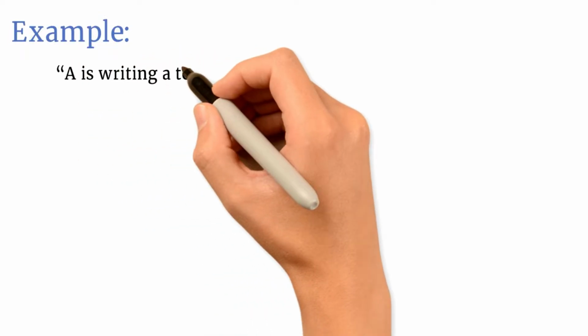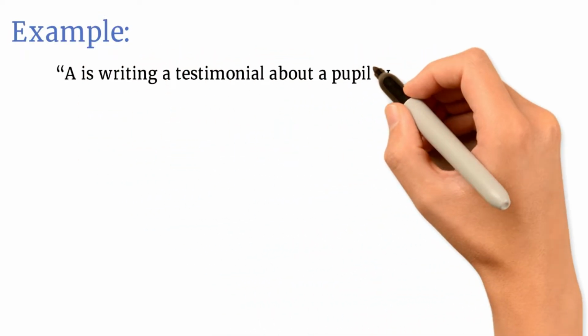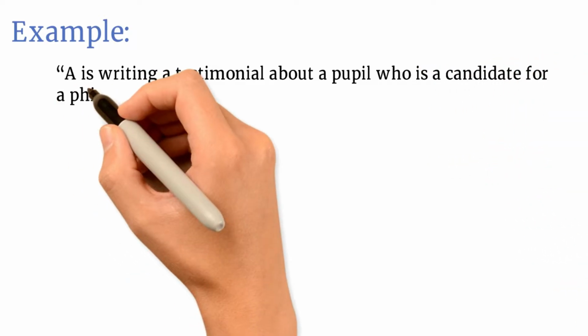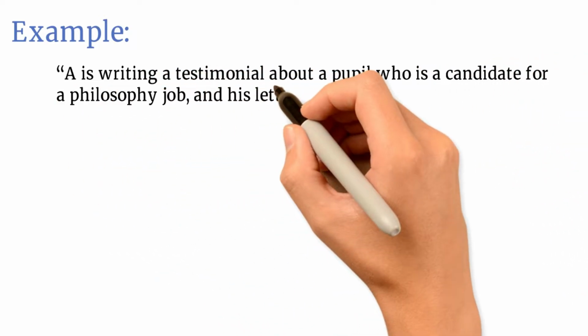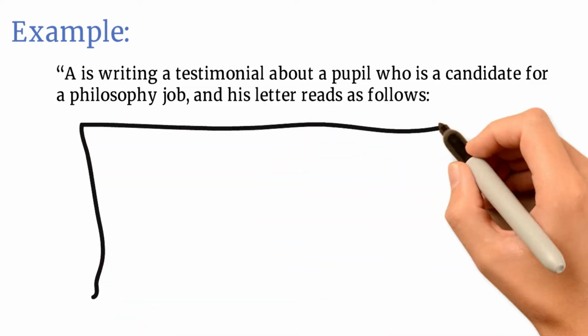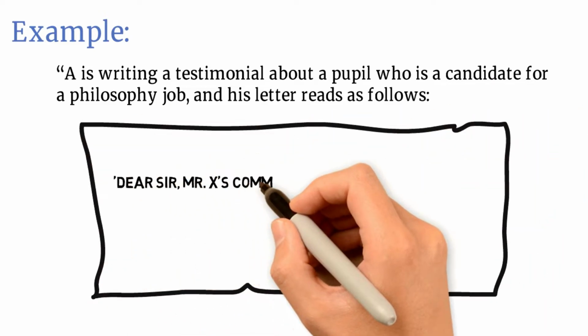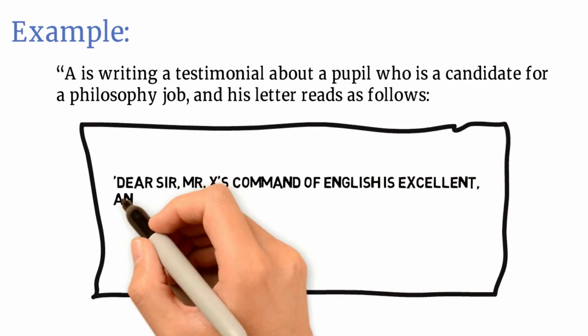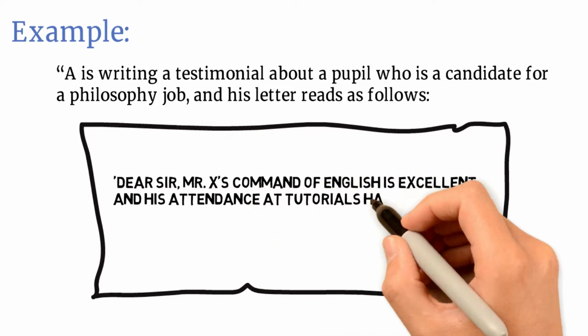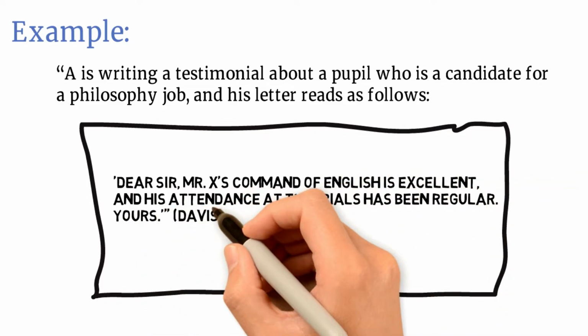Let's take a look at an example taken from Davis. A is writing a testimonial about a pupil who is a candidate for a philosophy job, and his letter reads as follows: "Dear Sir, Mr. X's command of English is excellent, and his attendance at tutorials has been regular. Yours."